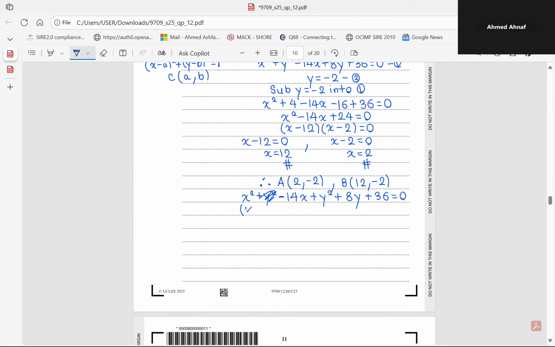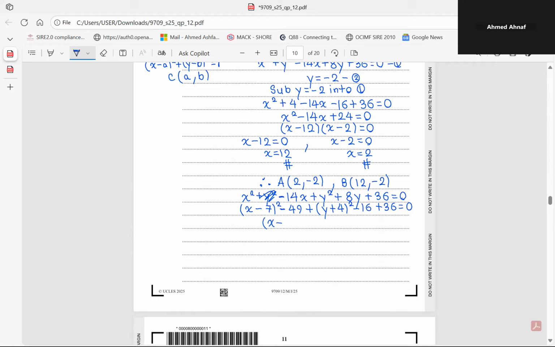So this would be (x minus, because the coefficient of x has a minus sign, 14 divided by 2, which is 7) squared, minus 7 squared. So 49. Let's do the same for y. So we have (y plus 8 divided by 2, which is 4) squared, minus 4 squared, which is 16, plus 36. So let's move all the constants to the right-hand side.